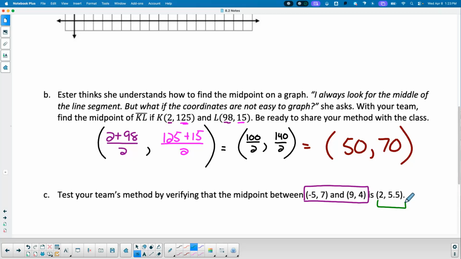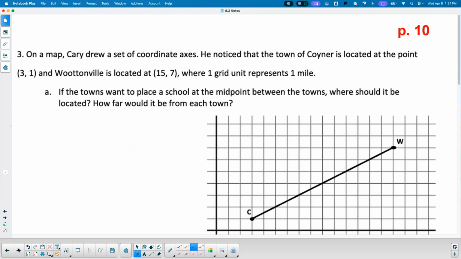So the x of the midpoint needs to be 2. Is it? Yep. Okay, so that's good. 7 plus 4 is 11. 11 divided by 2 is 5.5. So the y part needs to be 5.5. Does that work out? Yep, that works out. So that we verified that one. Love it. All right.